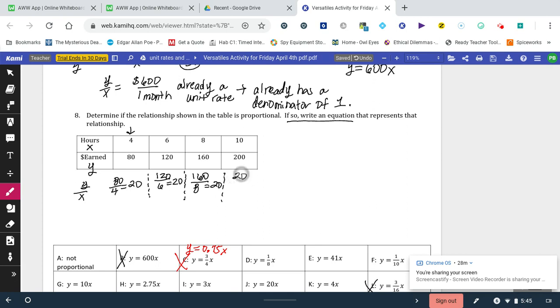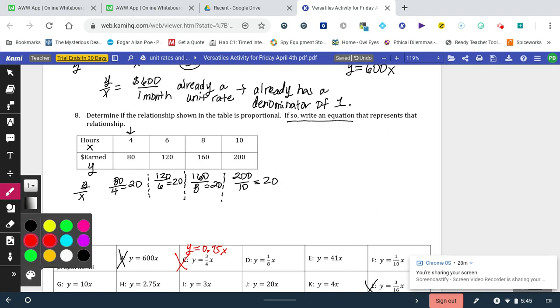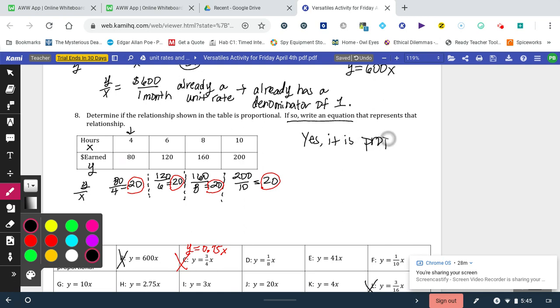All right, $200 earned in 10 hours. It's also $20 per hour. So if you look, I keep getting 20, 20, 20, 20, and 20. All right, so this thing is proportional. And if it's proportional, you can write the constant of proportionality.